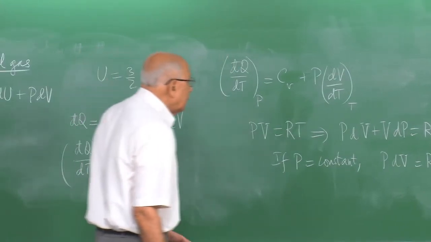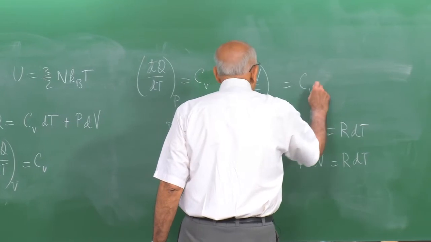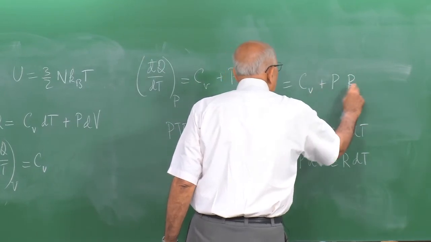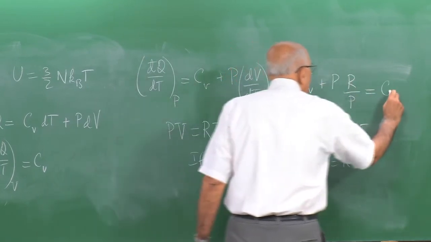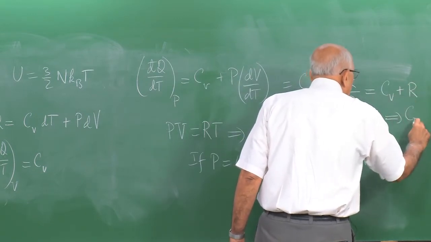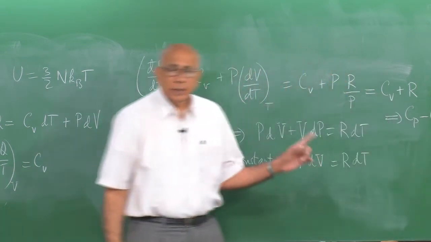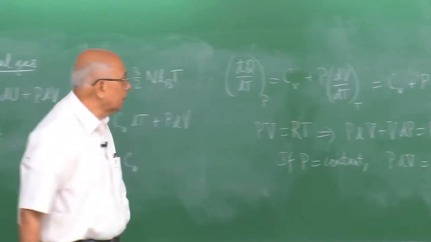So, dV over dT is R over P, or this gives you Cv plus P times R over P, which is Cv plus R, which implies that for an ideal gas Cp minus Cv equals R, a relation which you are already familiar with.